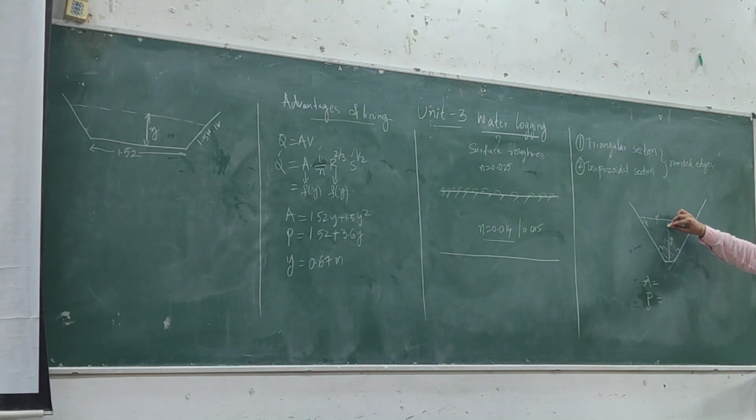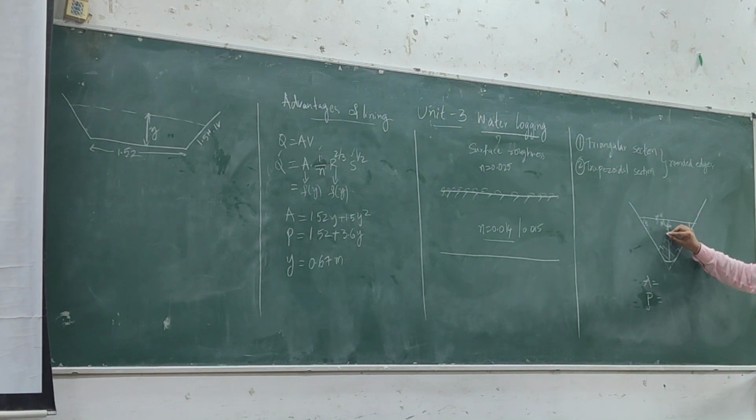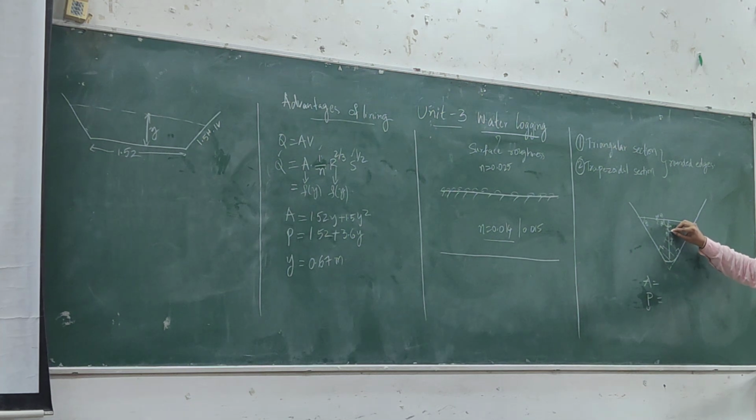Now what would be the total angle? So what is this angle? So this is 90 minus theta, and this inside is small theta, and then here you have one more theta.